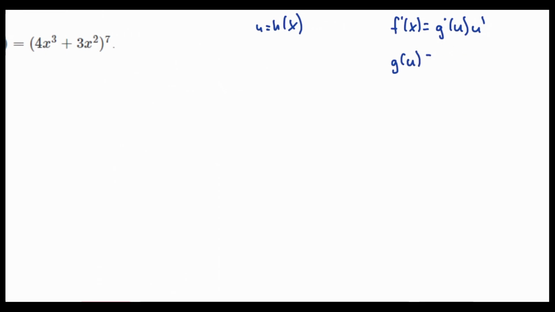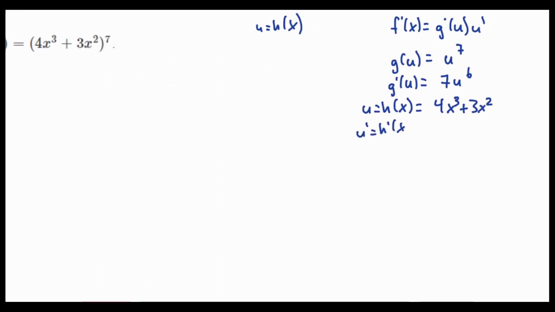All right, so g of u is equal to u to the power of 7, which means g prime u is going to be 7 u to the 6th. My inner function u is equal to my inner function h of x, which is going to be 4x cubed plus 3x squared, and u prime, h prime x, is going to be 12x squared plus 6x.